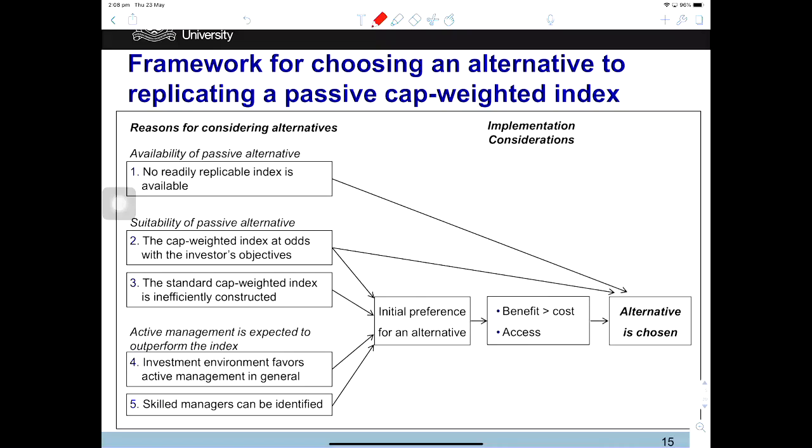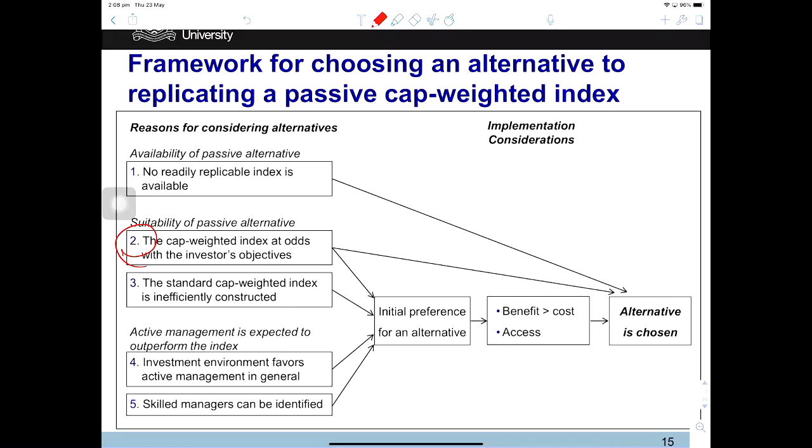So that's the example for the defined benefit funds. The cap-weighted index, particularly a fixed income index, is not appropriate for DB funds when they have a particular need for duration of the fixed income portfolio.